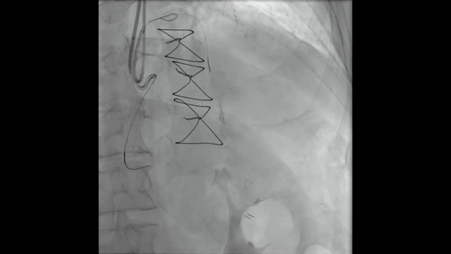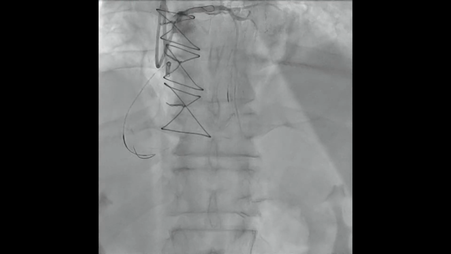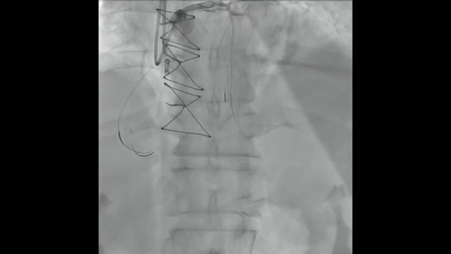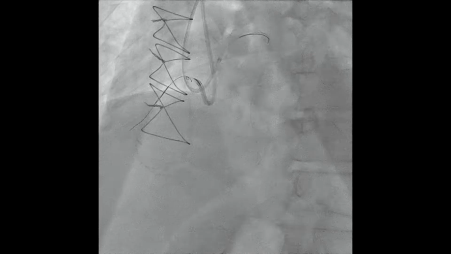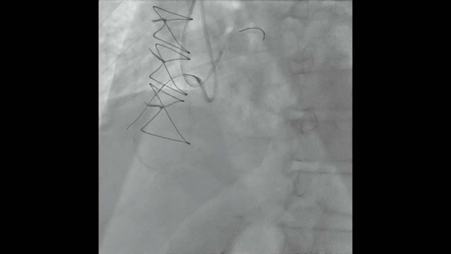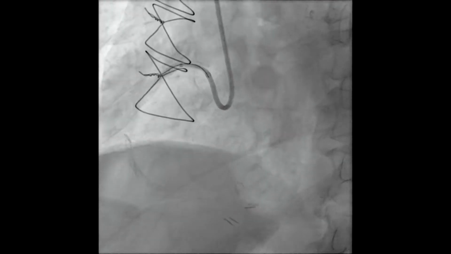This will help us give that definition to determine if we're in a spot that we can move forward. Eventually, we were able to get the hydrophilic jacketed non-tapered wire through the collaterals into the distal true lumen. And then, as Elias showed earlier, wiring the antegrade trap liner, followed by advancing the microcatheter, exchanging for a 350 centimeter wire. And then you've got a system that you can work over.